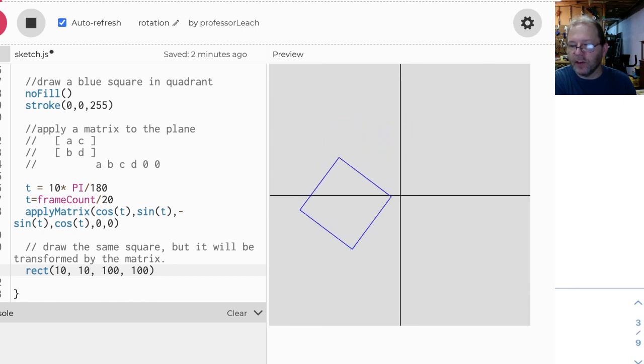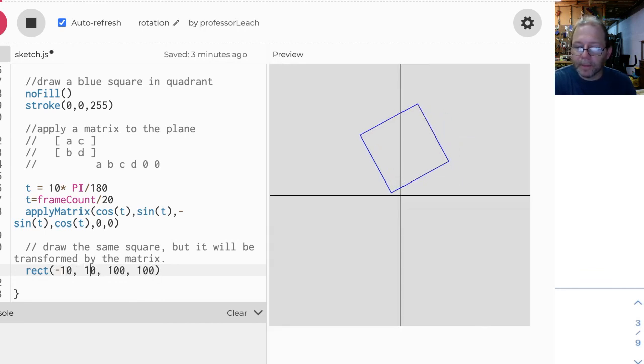There, now I'm starting it at 10, 10. Yeah, you can tell there it's sort of orbiting around the origin.